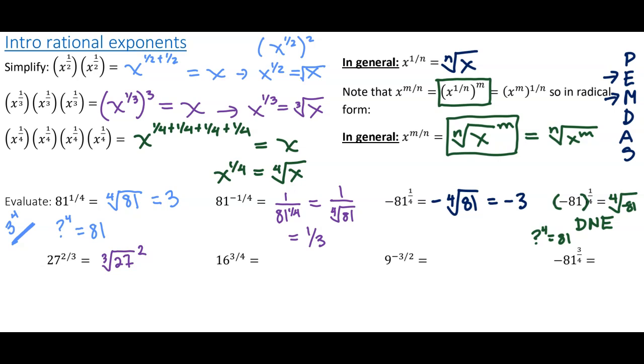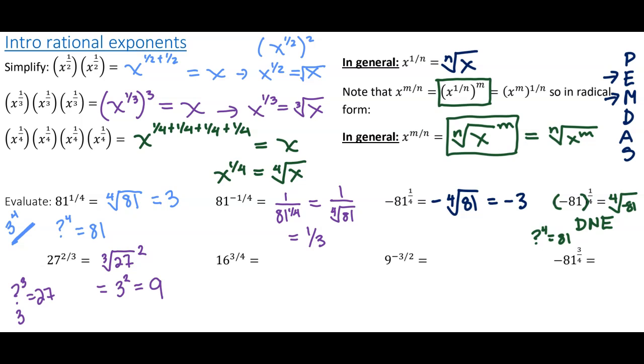I can, however, figure out the cube root of 27. I'm asking what do I have to cube to get 27? And that's going to be a 3 again. We have lots of 3's floating around. So step number 1, take the cube root. Step number 2, square it. If you split that up into a couple of steps like that, you should be able to get through these messy looking things.